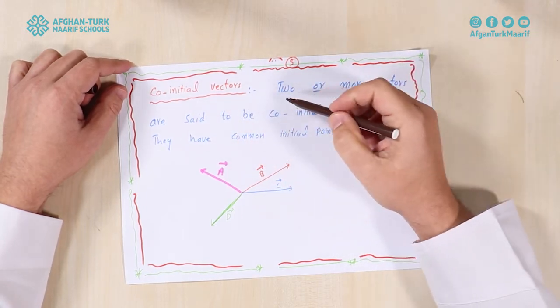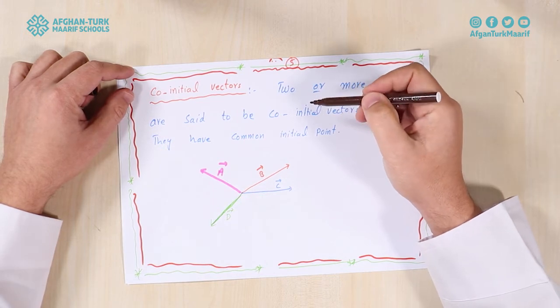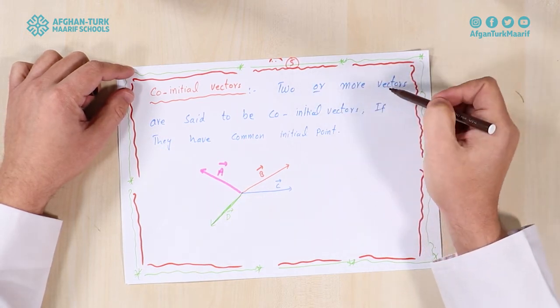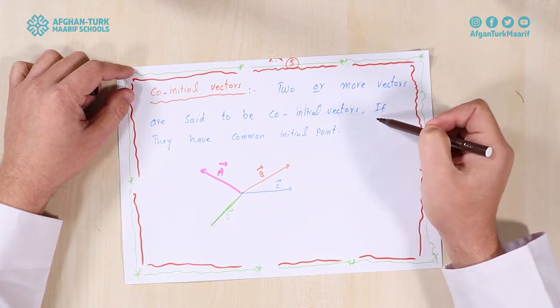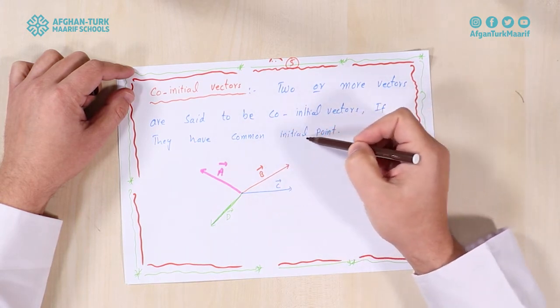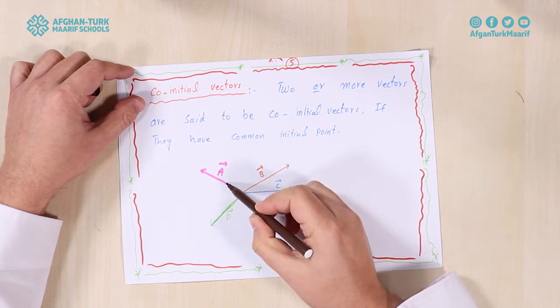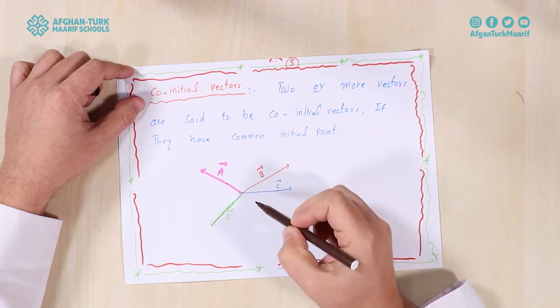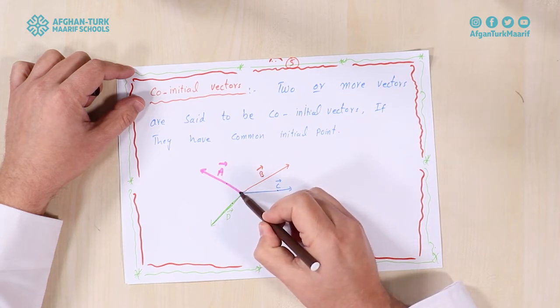Okay, co-initial vector. Initial means start. So two or more vectors are said to be co-initial vectors if they have a common initial point. How? If we have different vectors like a, b, c, d, but all these vectors start from the same point, like this point.